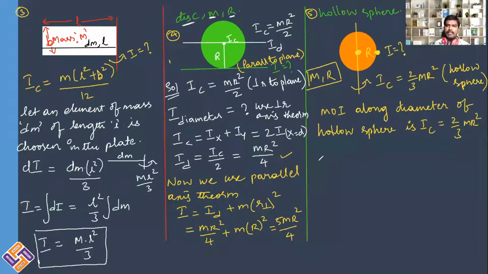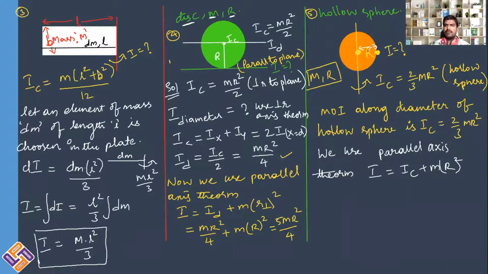We can use parallel axis theorem to find out moment of inertia. I is equal to IC plus m into r square, because r is separation between these two axes. R is radius of the hollow sphere.